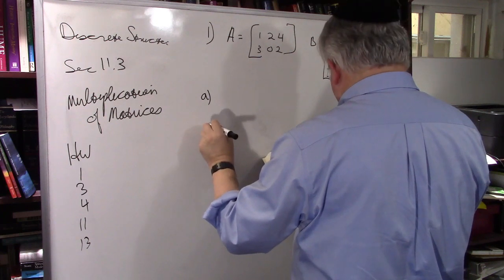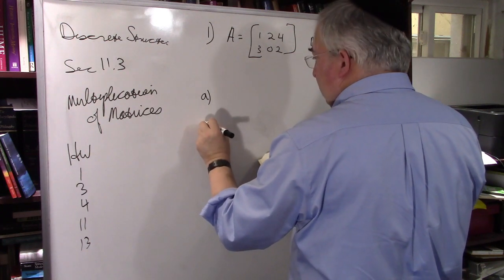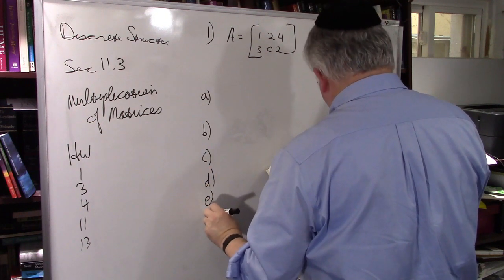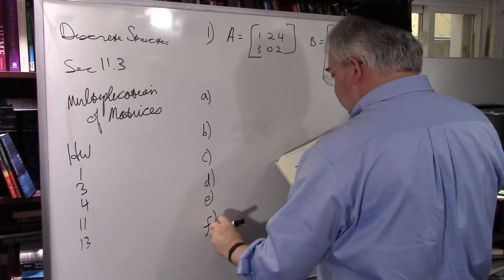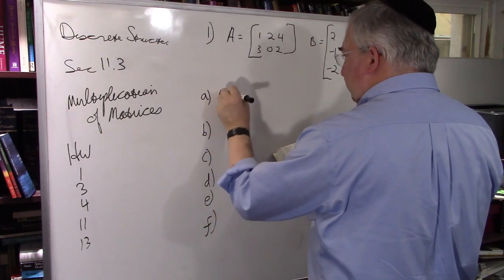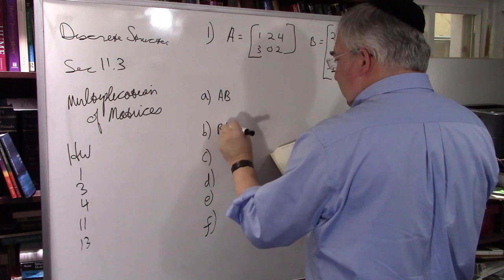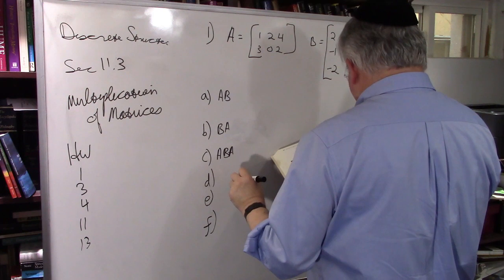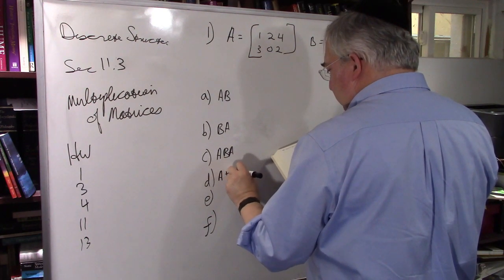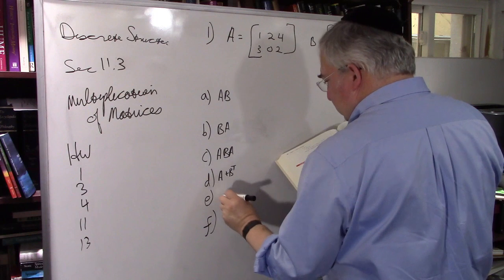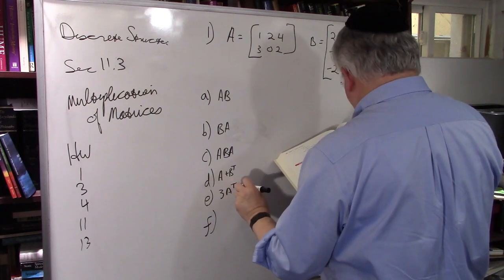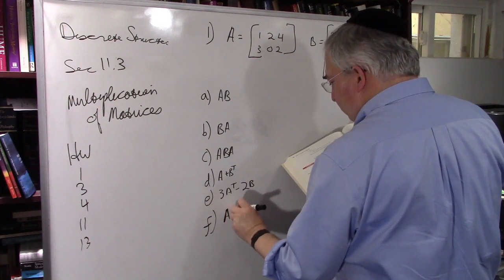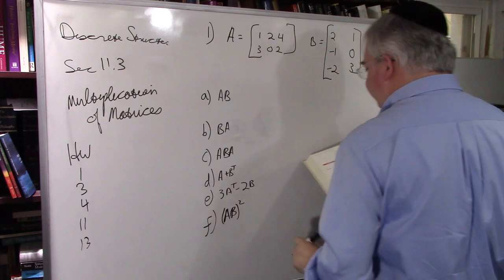A, B, C, D, E, F. Let's see what they're asking for. He's asking for AB. He's asking for BA. He's asking for AB, A. He's asking for A plus B transpose. He's asking for 3A transpose minus 2B. And this one's asking for AB squared.